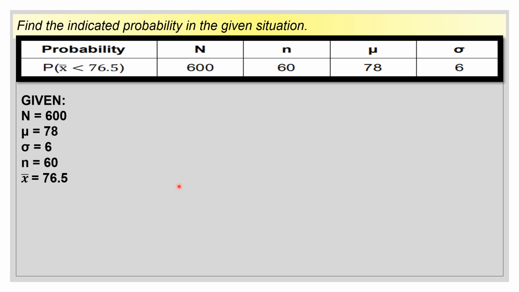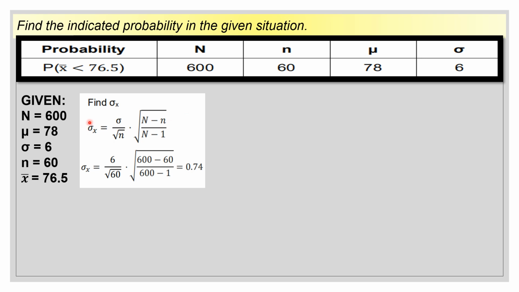So yung una nating kukunin, of course, is the sigma, no? Na binigay ko na kanina yung formula. So, the formula for sigma sub x is equal to sigma over square root of n sample multiplied by square root of population minus sample all over population minus 1.